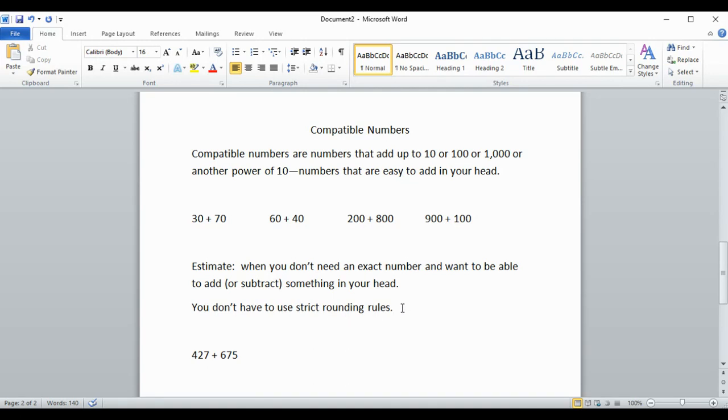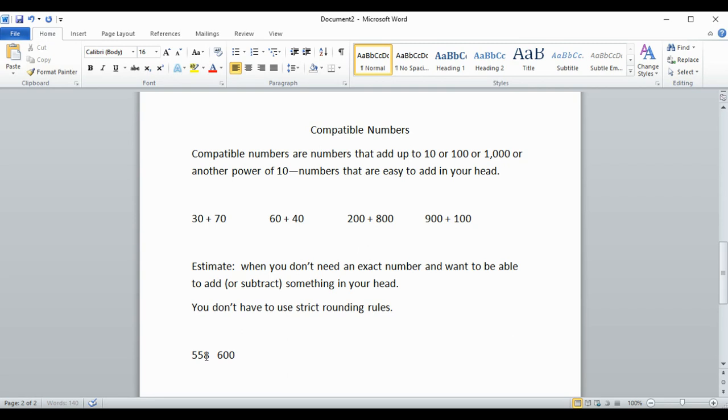Now remember, rounding rules are when the number next to a number matters. So if we have 558 and we're going to round it to the nearest hundreds place, we look next door. If this is a 5, then we're going to bump up this number to a 6 and change the other two digits.